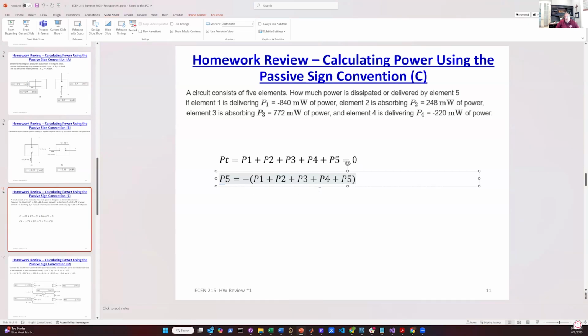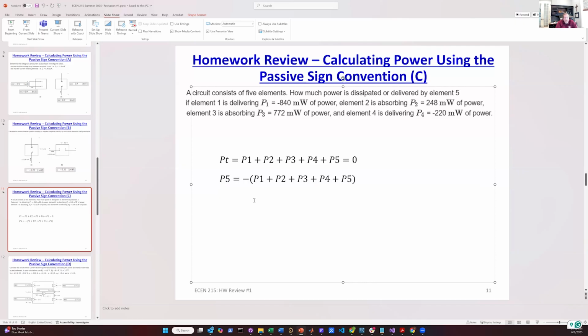So the total ends up being what's left over. So here we have 840 milliwatts negative. So we'll start with that. Adding 248, adding 772, and then being delivered 220. So that's negative.